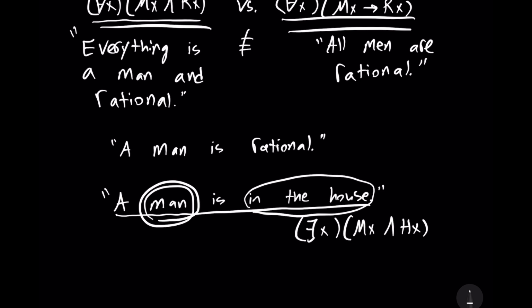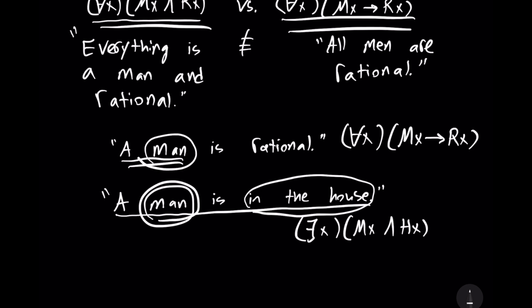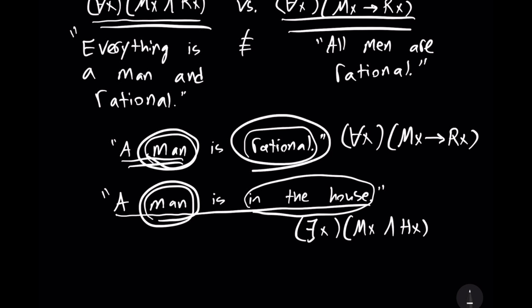Now, a man is rational. It seems we're talking about any man, any generic man. So it's a universal proposition. So we would say, for all x, if x is a man, then x is rational. So being a man is a predicate of x. Being rational is a predicate of x. But we have that conditional, that if-then.